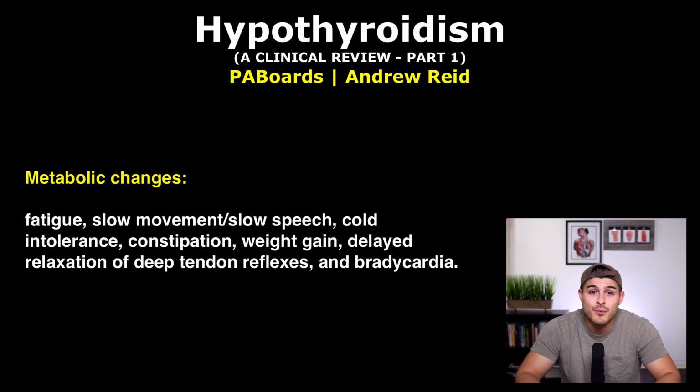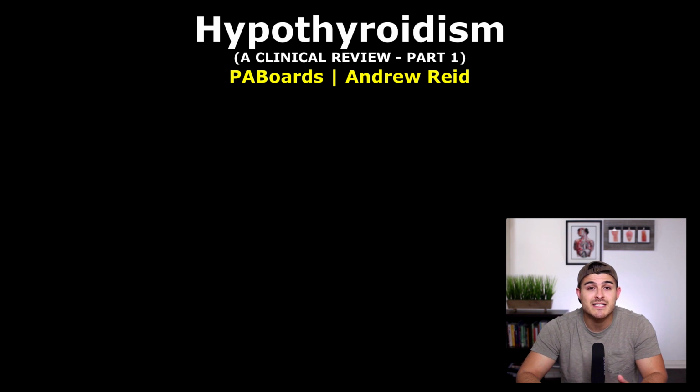We can also see bradycardia. This is going to be slowing of the metabolic processes, right? Everything just kind of slows down. Fatigue, slow movement, slow speech, constipation, weight gain, delayed relaxation, bradycardia. These are going to be the metabolic changes. Now, what happens when we have this accumulation of these polysaccharides that we discussed, right? This is when we're going to get these other features.